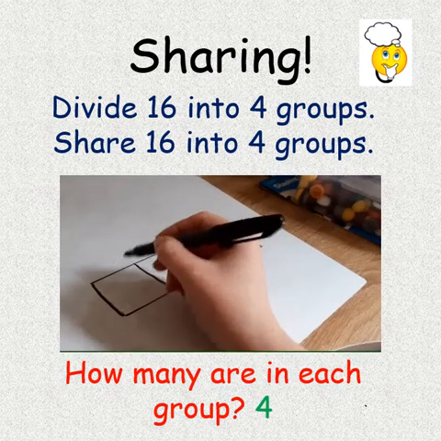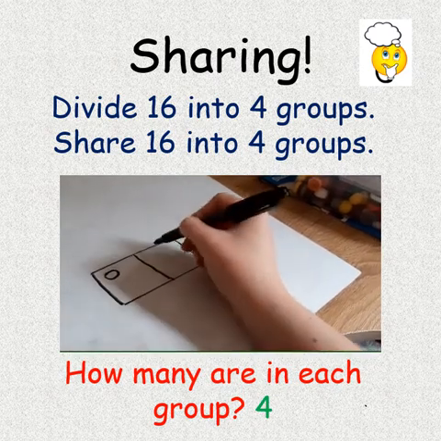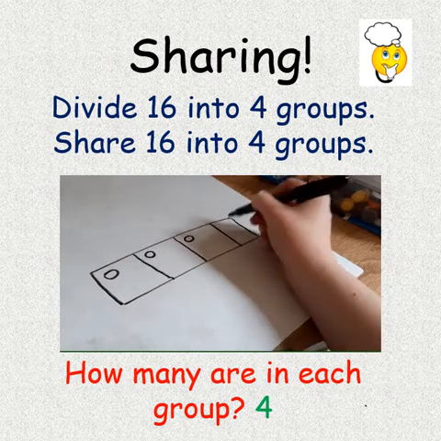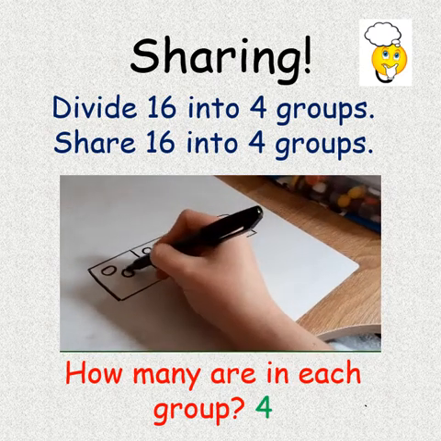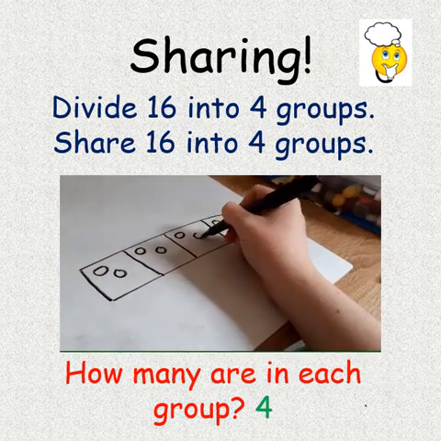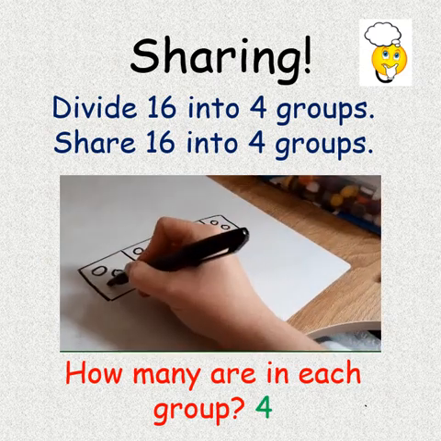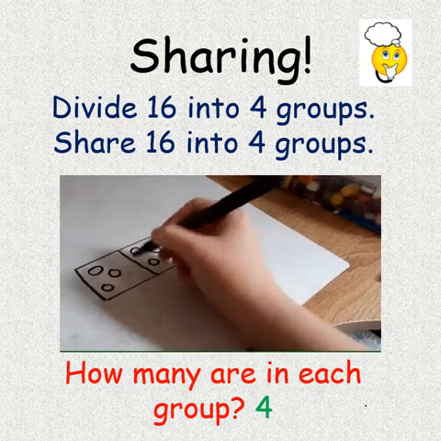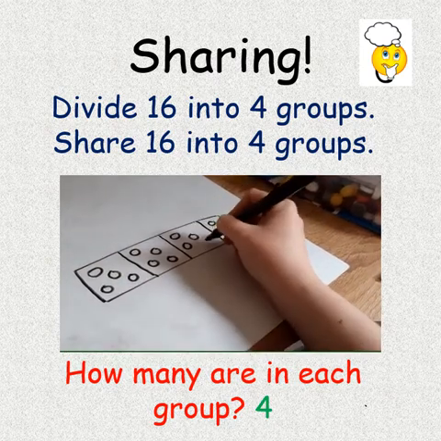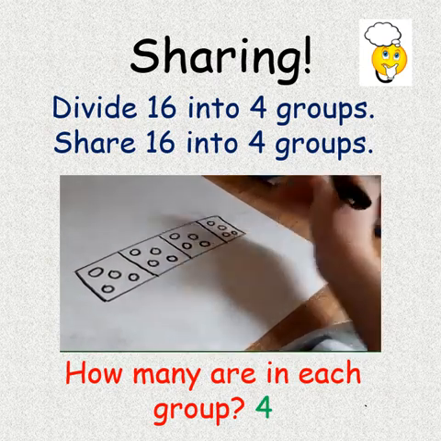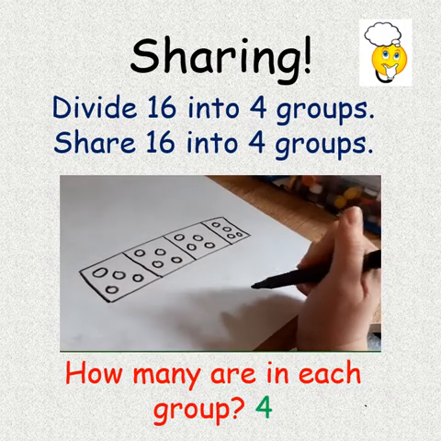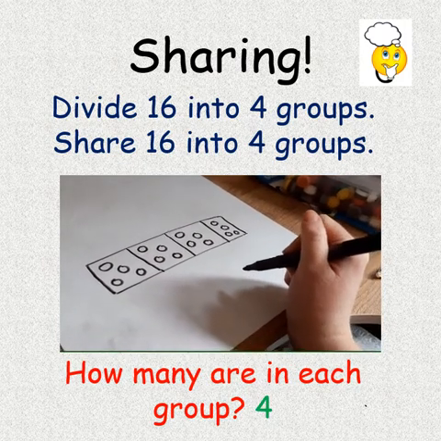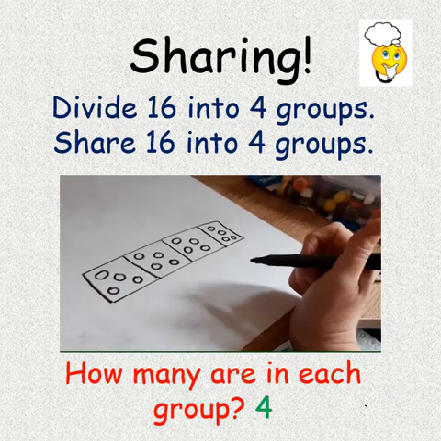So, ready? 1, 2, 3, 4, 5, 6, 7, 8, 9, 10, 11, 12, 13, 14, 15, 16. Stop. And now I need to stop because I'm dividing 16 into 4 groups and I've got to 16.